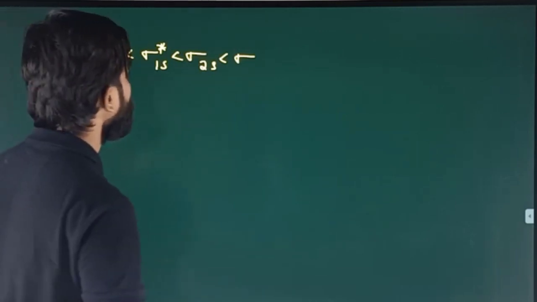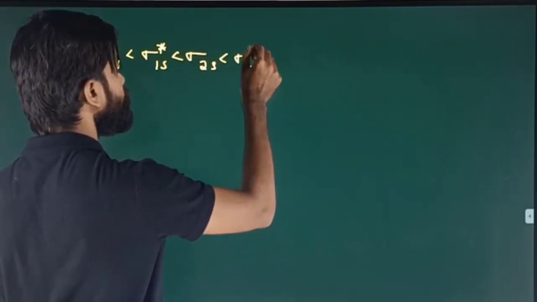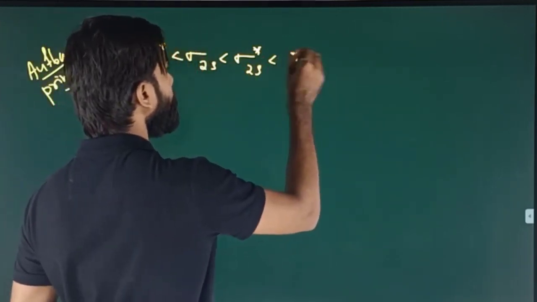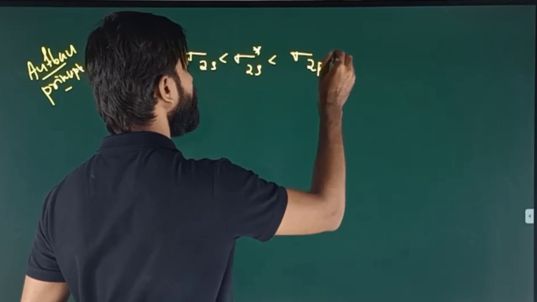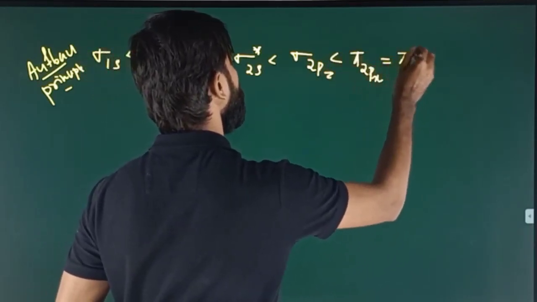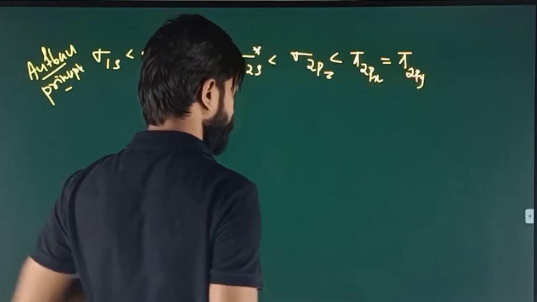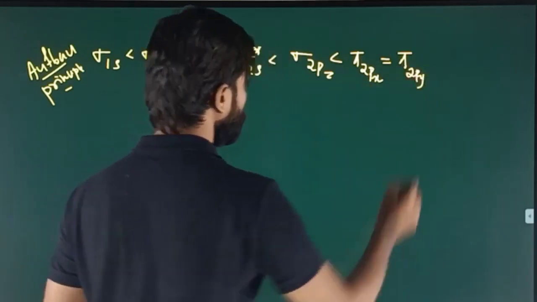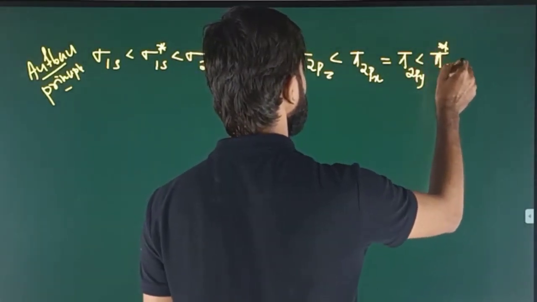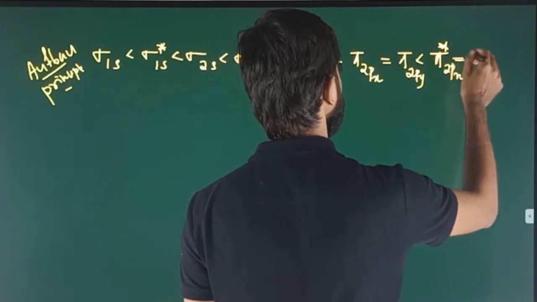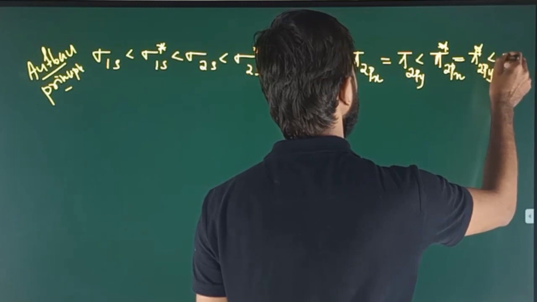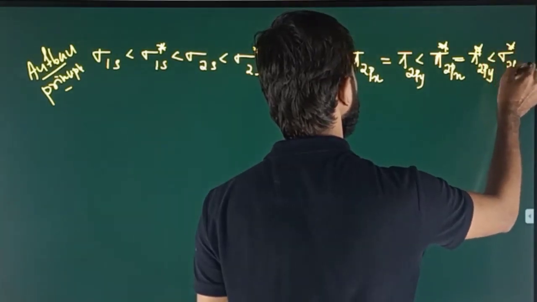Sigma 1s less than sigma star 1s less than sigma 2s less than sigma star 2s less than sigma 2pz less than pi 2px equal to pi 2py less than pi star 2px equal to pi star 2py less than sigma star 2pz.